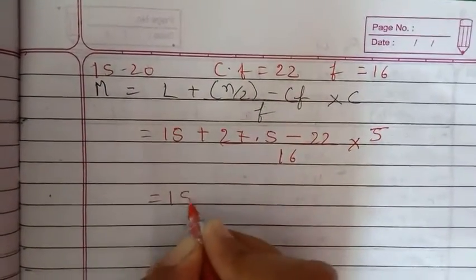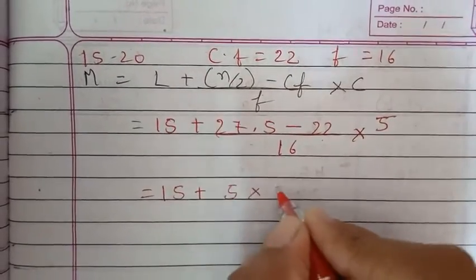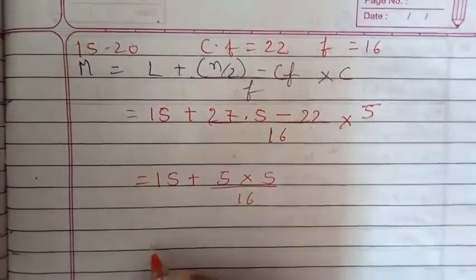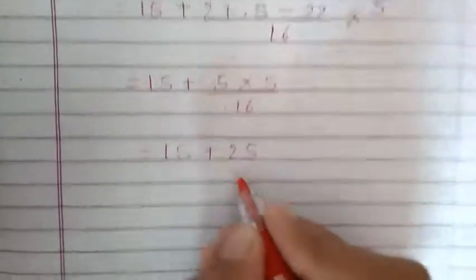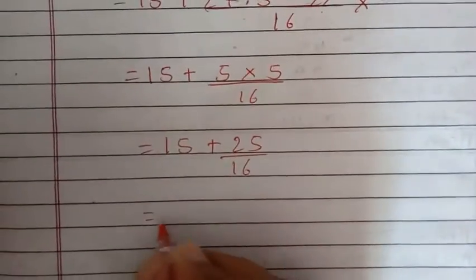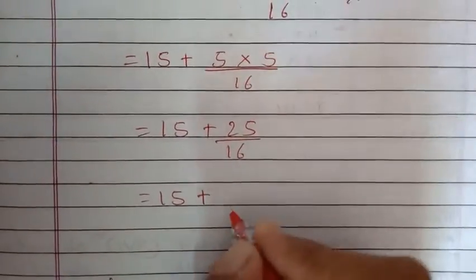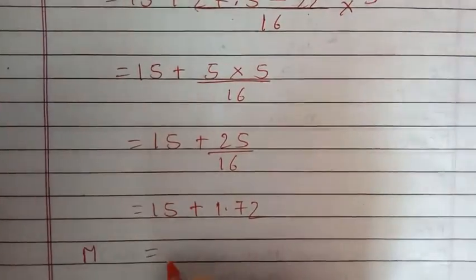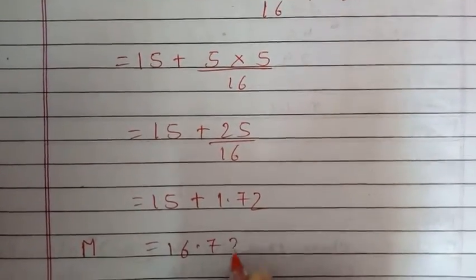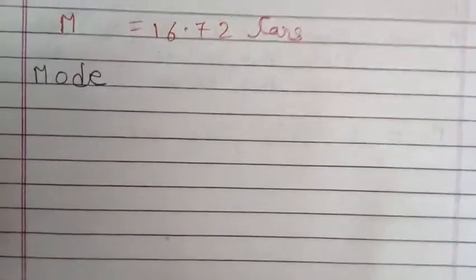That is equal to 15 plus 27.5 minus 22, that is 5.5, into 5 divided by 16. So 15 plus 1.72 is our answer. So our median is 16.72 cars. Now we found out our mean as well as median.